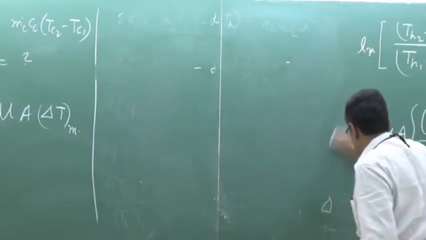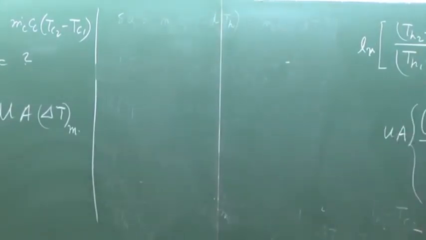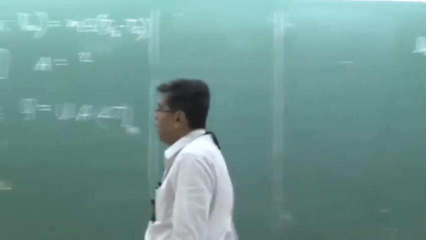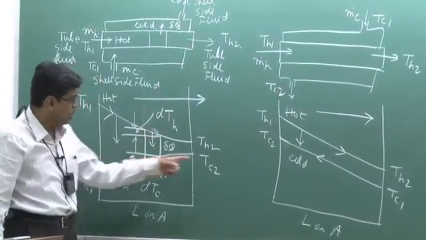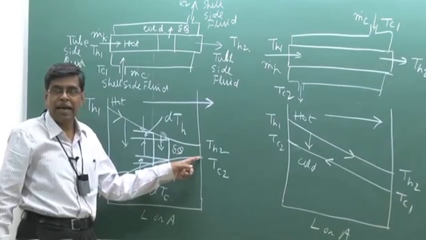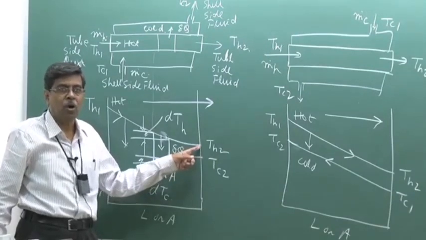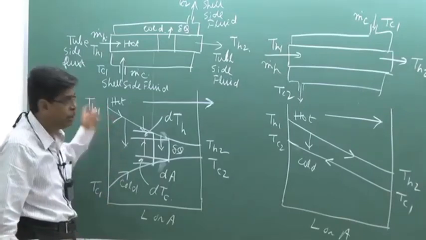Now the situation may come, two things you must remember, that in a counter flow or parallel flow heat exchanger, if a heat exchanger is infinitely long, the cold fluid outlet temperature can at best become equal to the hot fluid outlet temperature, I have told earlier, but not the hot fluid inlet temperature.